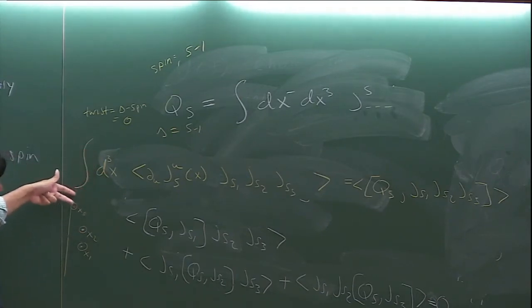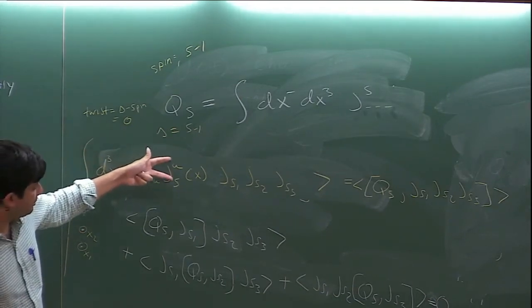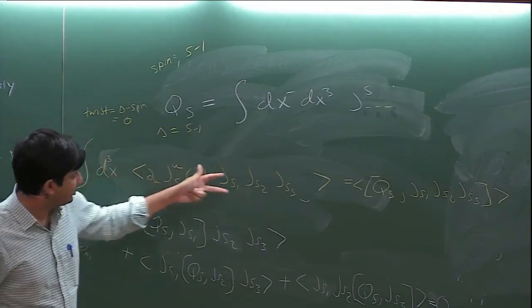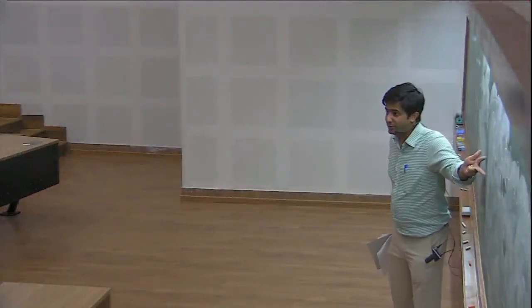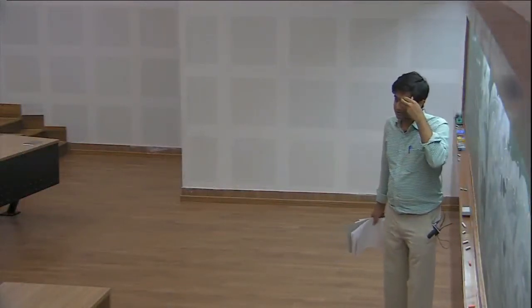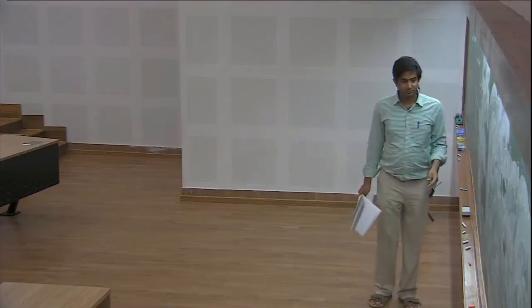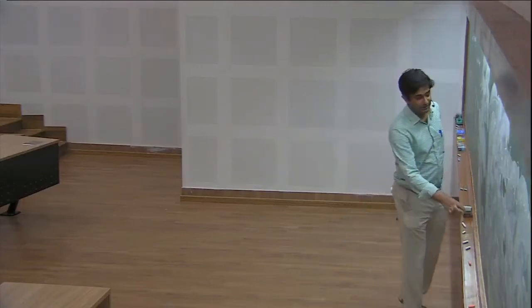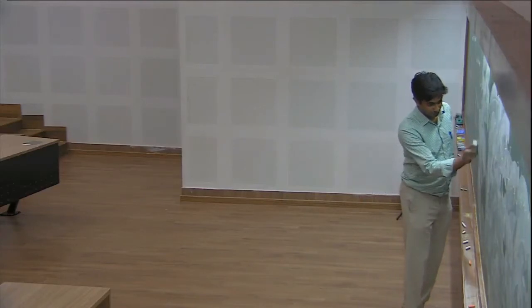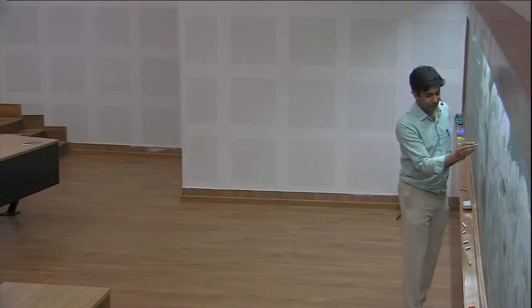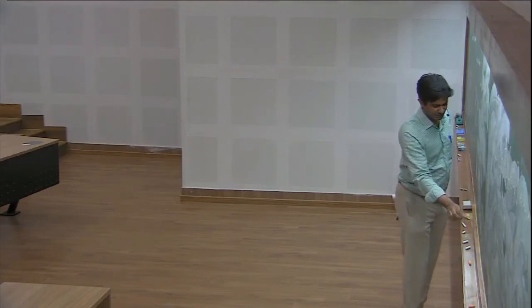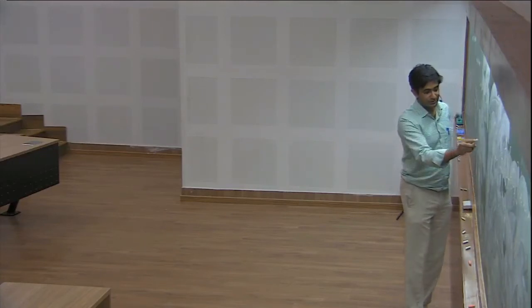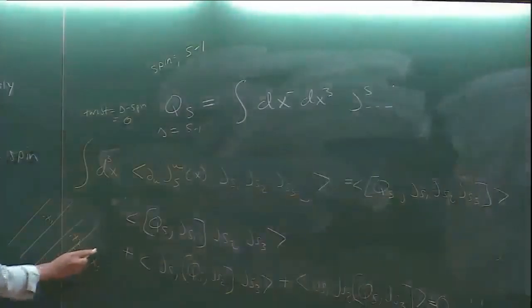So we can do the volume integral of d mu j mu x with this 3-point function, and that's equal to the commutator of QS, if this region of integration is chosen appropriately. We can take them to be light-like sort of slabs like this.